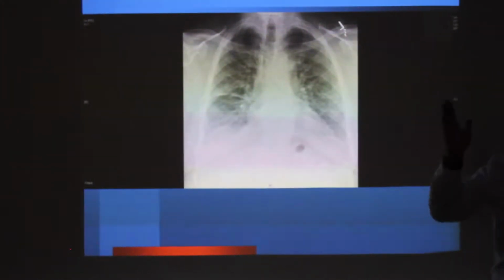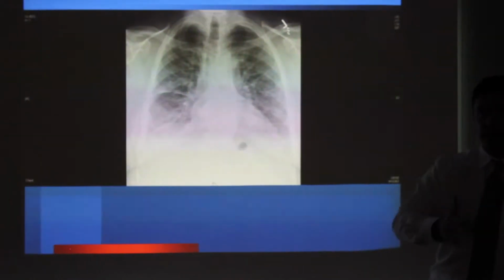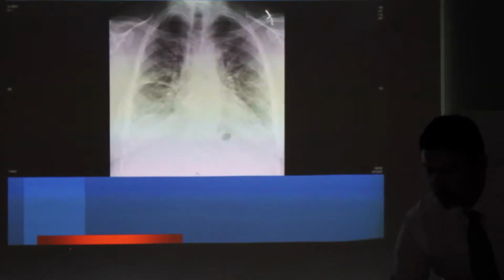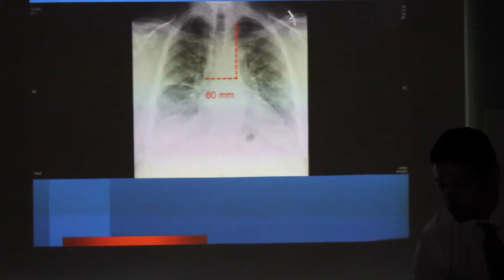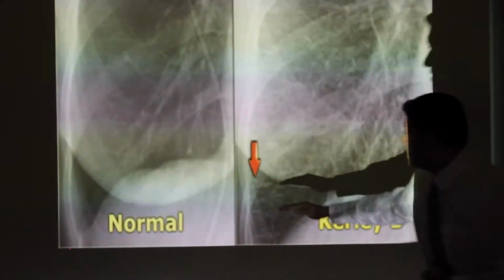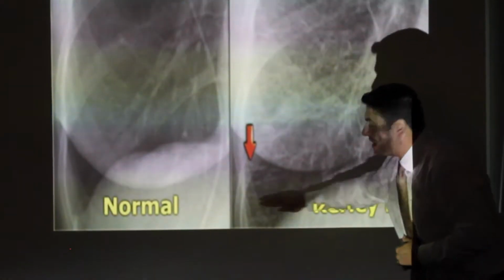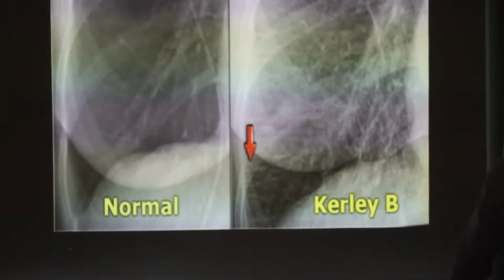But here we're talking about volume overload or not volume overload, give fluid, not give fluid, and if we give fluid, what's going to happen to the cardiomyopathy? Again, this is 60 millimeter, just to show you the VPW. Curly B lines, those you see here, the layering, this is a sign of stage 2 pulmonary edema.